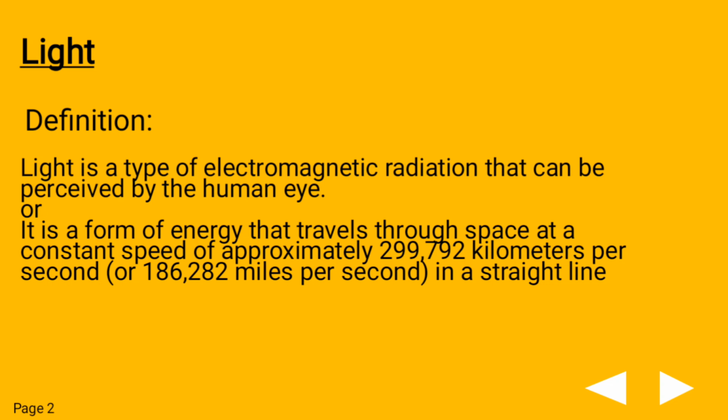Another definition is that it is a form of energy that travels through space at a constant speed of approximately 299,792 kilometers per second, which can be translated to 186,294 miles per second in a straight line.